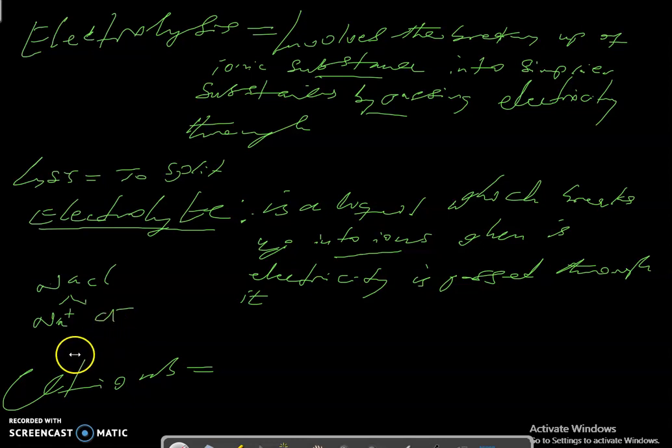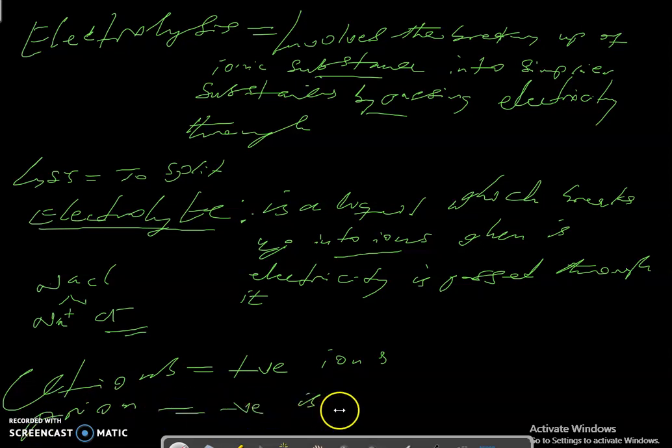The positive ion is called cation. So cation is a positive ion. And the negative ion is anion. Anion is a negative ion.